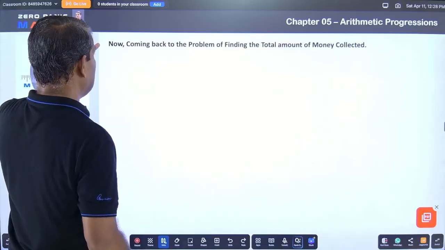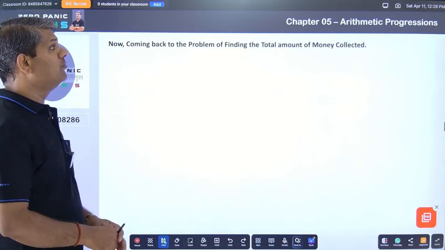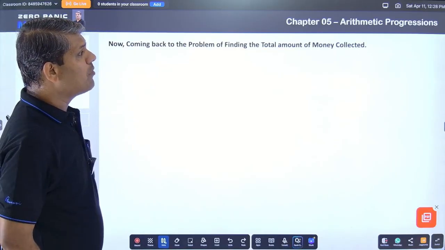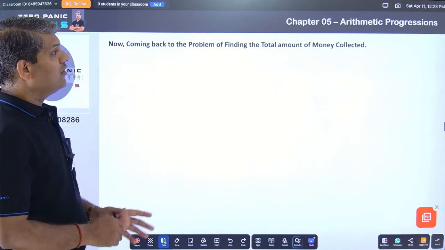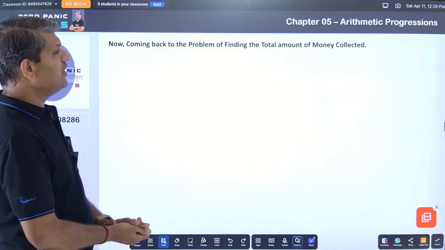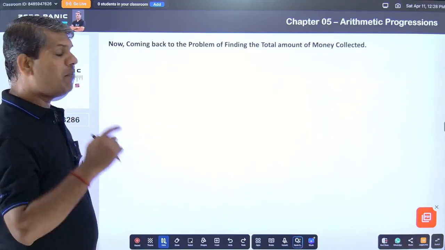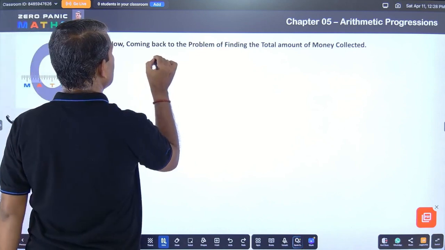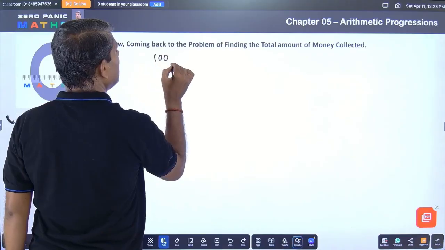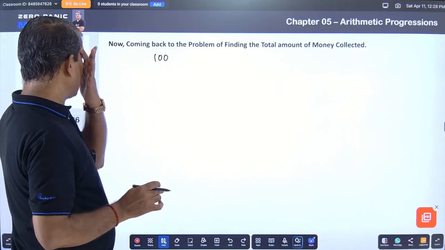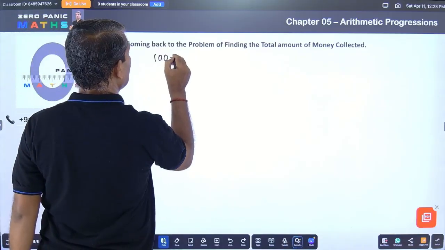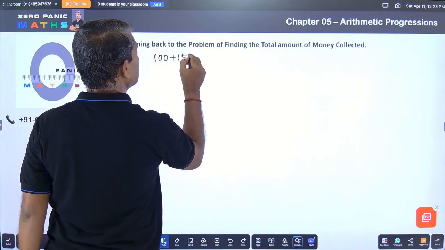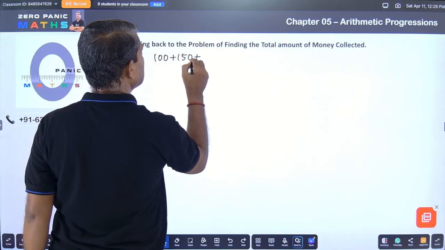Let us now come back to the problem of finding the total amount of money collected. In the beginning of this session we started with a problem. You remember that problem? Shakila was putting 100 rupees in her daughter's money box, and she went on adding 50 rupees every year to the initial amount.